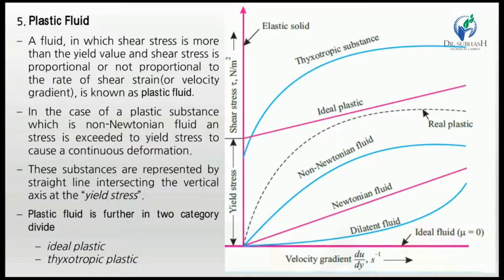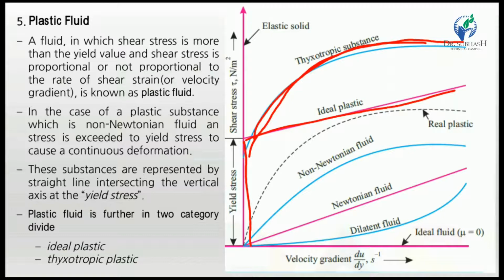In a plastic fluid, firstly, if we apply the shear stress, then nothing happens and the fluid does not flow. But if we increase the value of shear stress beyond the yield value, then deformation occurs, which means we can say that the fluid flows.